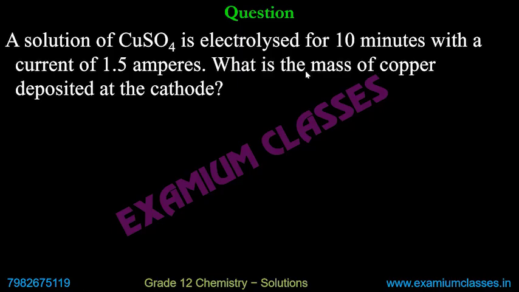You can calculate the amount of charge, you can write the balanced equation, and pay focus to the number of electrons and relate it to Faraday, 1 mole of electrons.